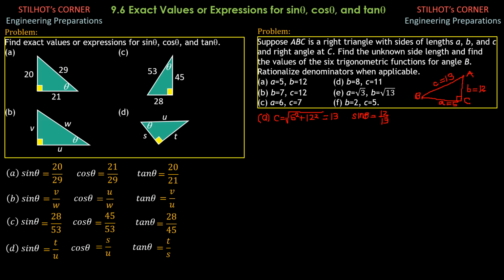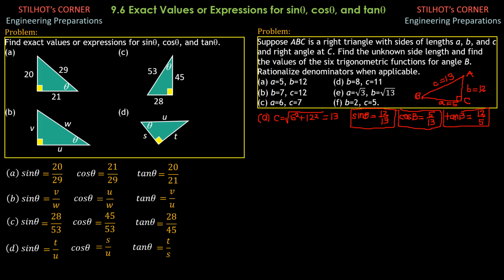So that's the value of sine angle B. Then cosine angle B is adjacent to angle B, which is 5, over the hypotenuse 13. So that's cosine angle B. Then tangent angle B is opposite of angle B, which is 12, over the adjacent side, which is 5.